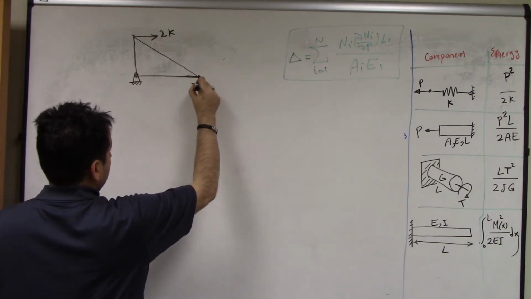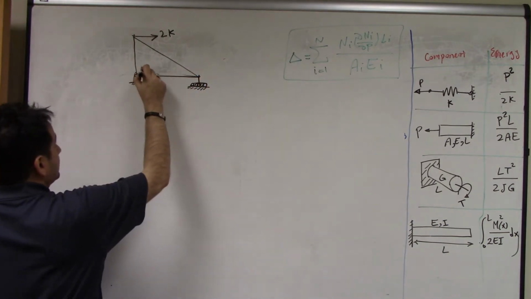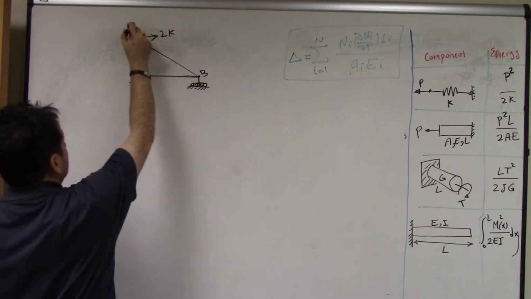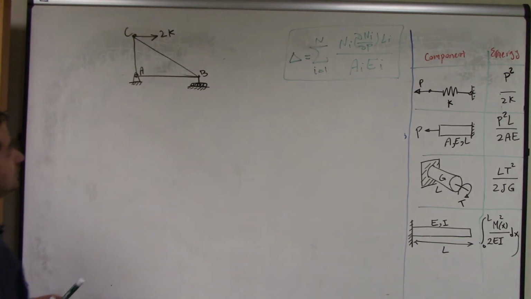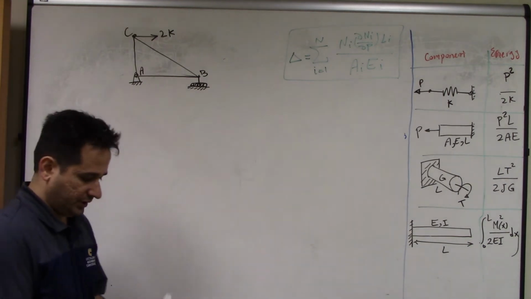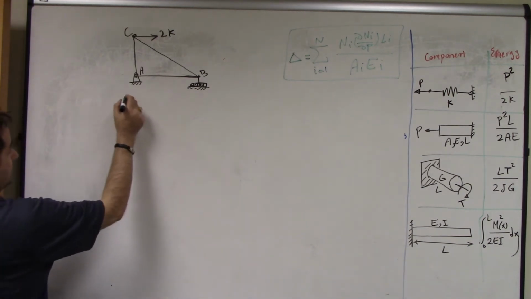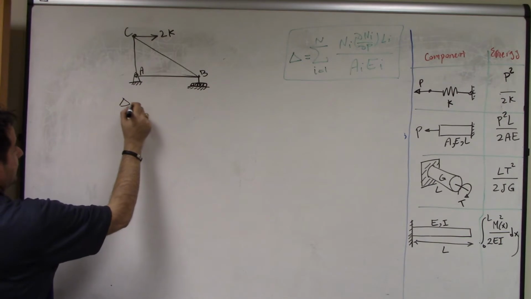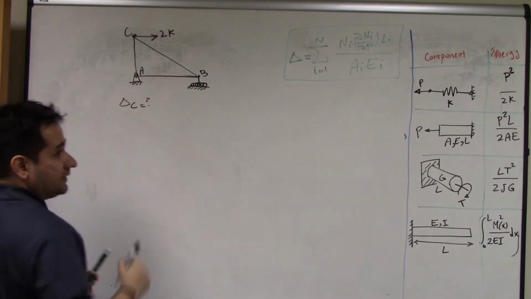This one is a roller. Points A, B, C. This is the simplest possible truss, 3 members. Now the question is, find delta at point C, the deflection at point C.